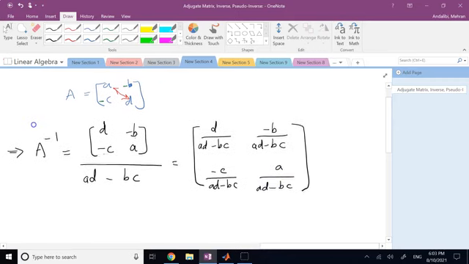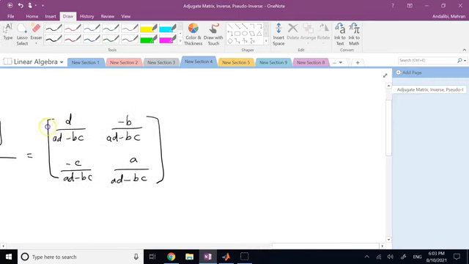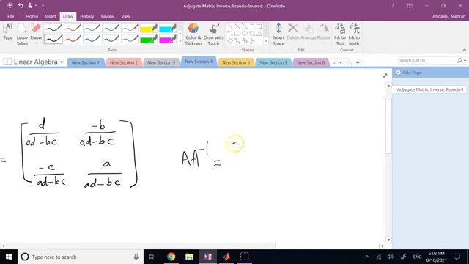Good? Now you might say, well, if I now multiply A by this, am I going to get an identity matrix? So let's do that. So A times A inverse is what? It is going to be A, B, C, D, and then times this guy here, correct?